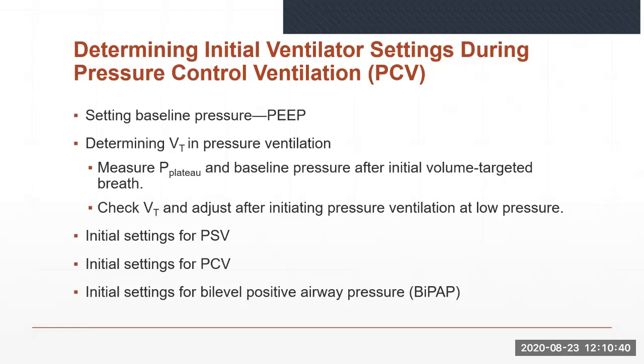Rate, inspiratory time, and I:E ratio are set in pressure control CMV as they are with volume control. The pressure gradient, or PIP minus PEEP, including auto PEEP, is adjusted to establish volume delivery based on the patient's lung characteristics and effort. Initial pressure is set at the plateau pressure value determined during VC-CMV.